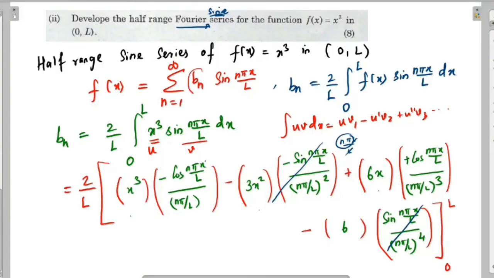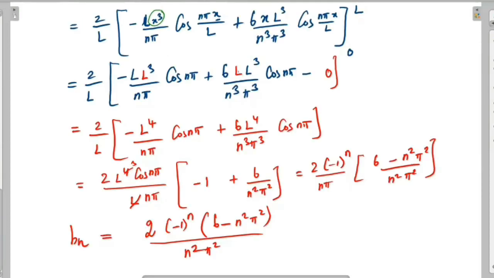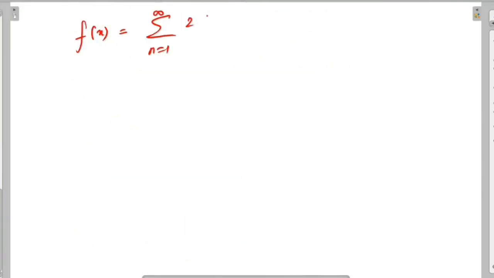So by the Fourier half range sine series, we can substitute Bn in the formula expansion. So from that you make it f of x equal to summation n is equal to 1 to infinity 2 into minus 1 power n divided by n power 4 pi power 4 into 6 minus n square pi square.